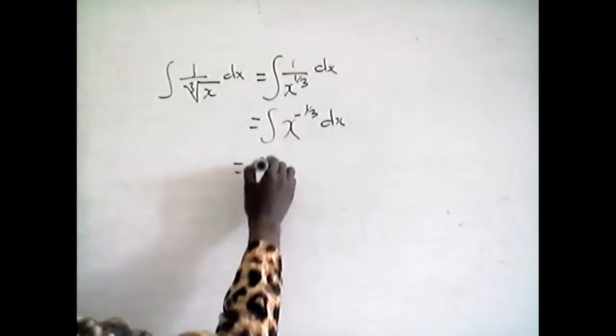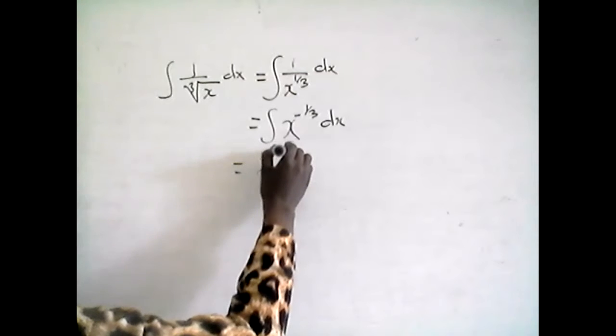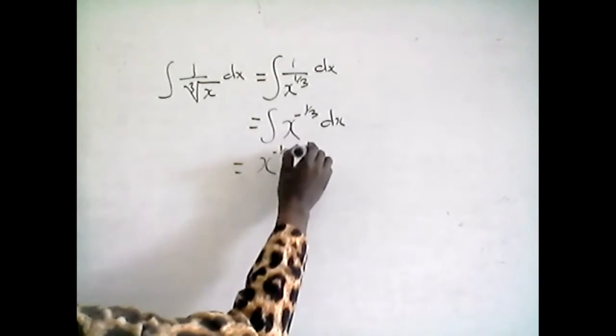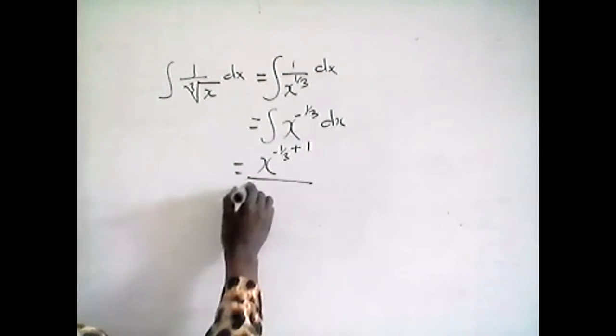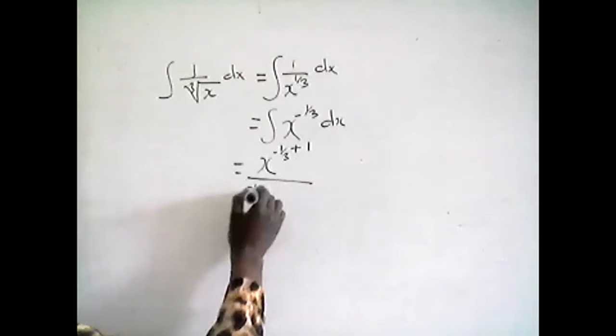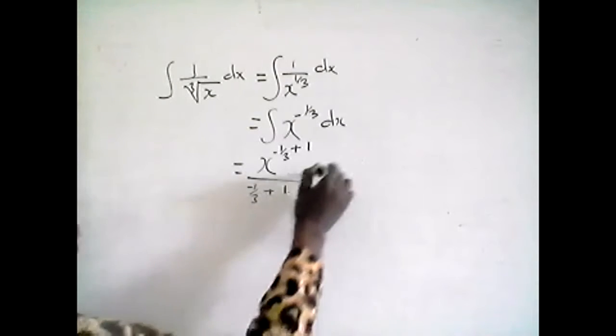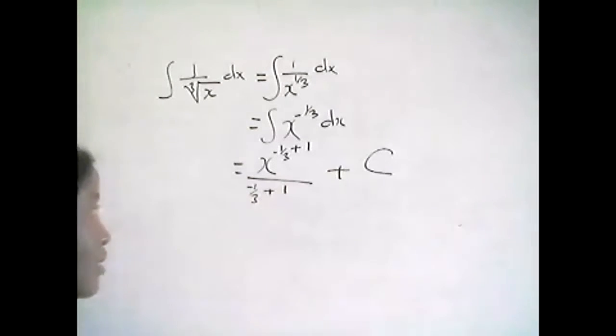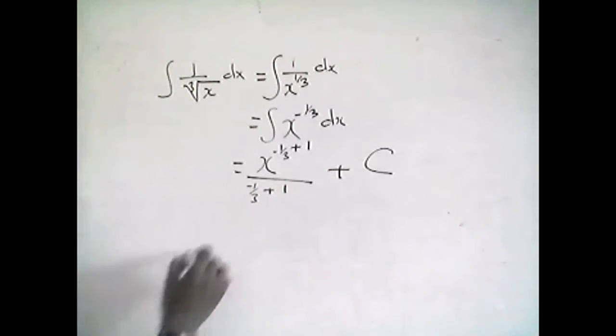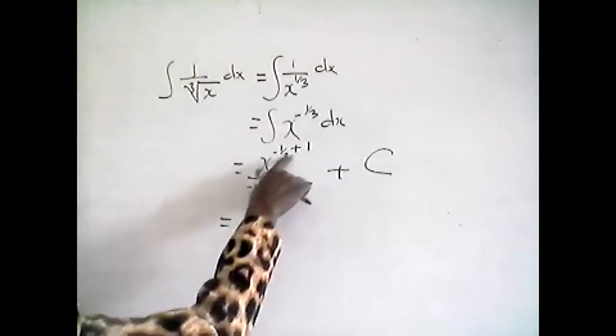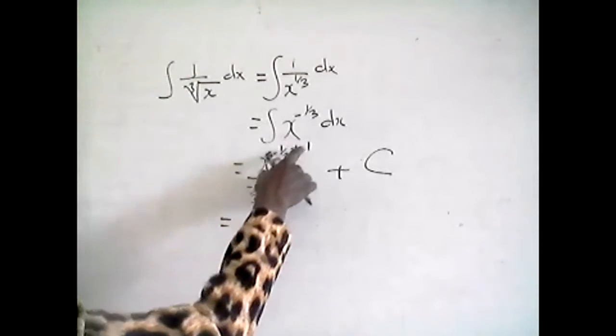Next, we do the same. The power: negative 1 over 3 plus 1, divided by negative 1 over 3 plus 1. Then we say plus some constant c. Negative 1 plus 3 is 2.